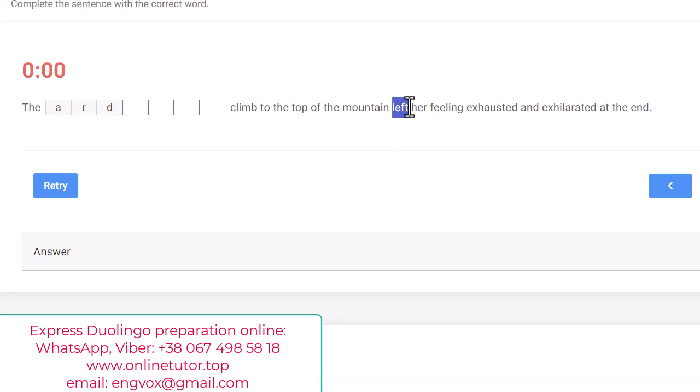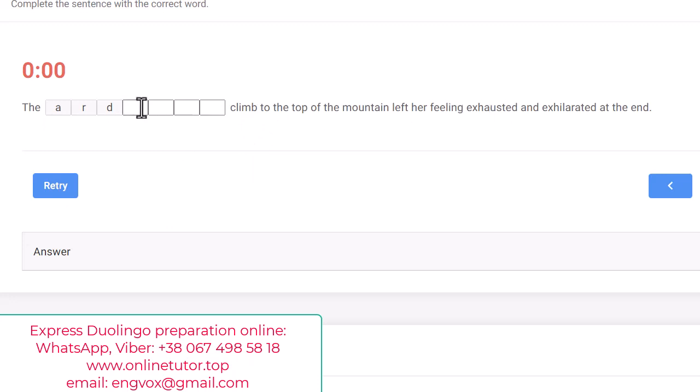This is a predicate. So where is the subject? And the subject, my friends, is this, climb. Because in English, you know this polysemy, this phenomenon, one and the same word can mean simultaneously a noun, a verb, sometimes something else. So this is a noun. Then it changes everything. The climb to the top of the mountain left her feeling exhausted.